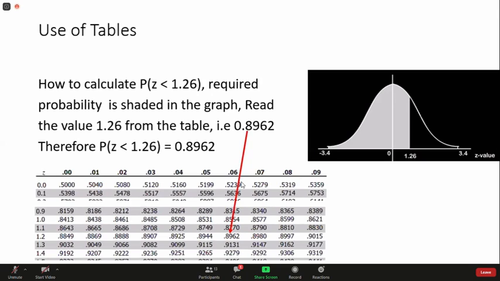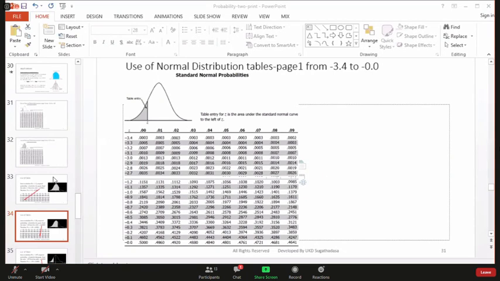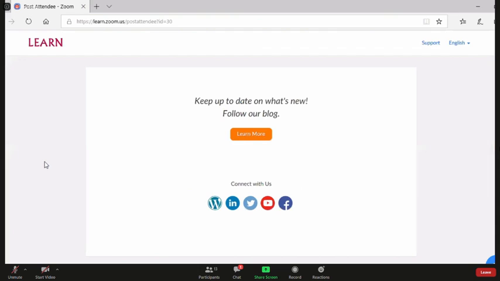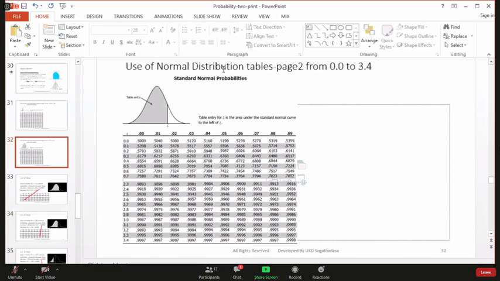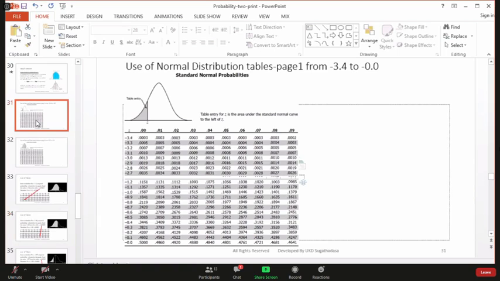So we have to go back to the previous 2 slides, because sometimes the PowerPoint is not responding, that's the problem. This is the positive part, right? And this is the negative.